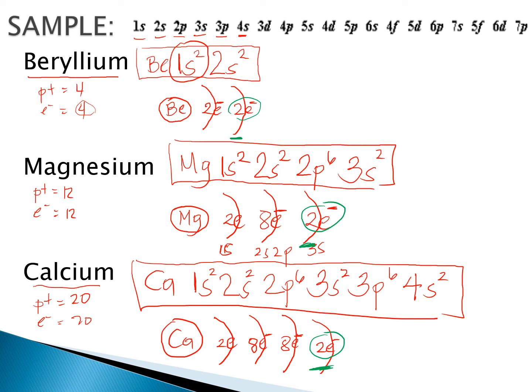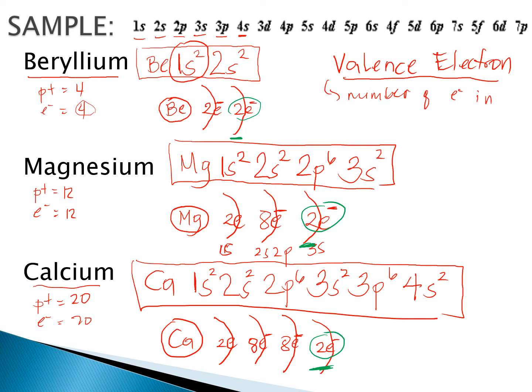Now, what is the scientific term for the number of electrons that we can find in the outermost energy level? It is called, class, valence electron. So that is what we call valence electron. Valence electron is the number of electrons in the outermost energy level.